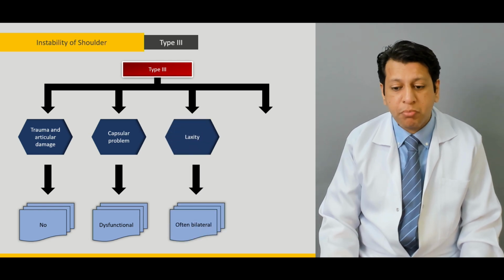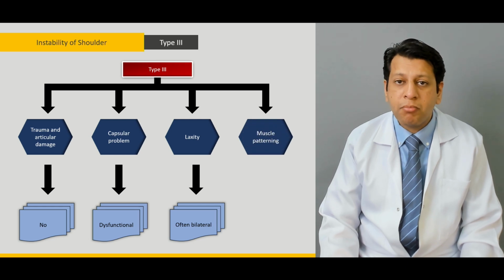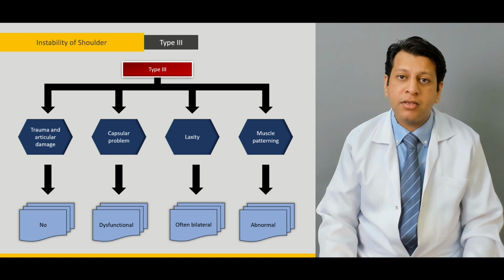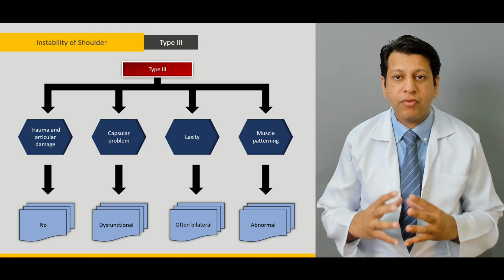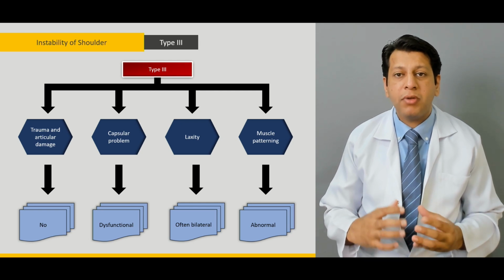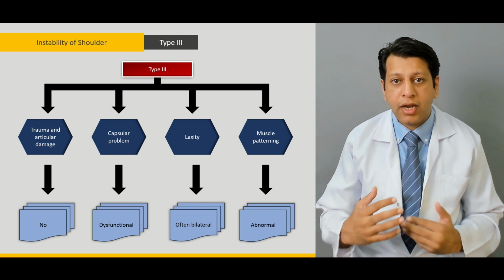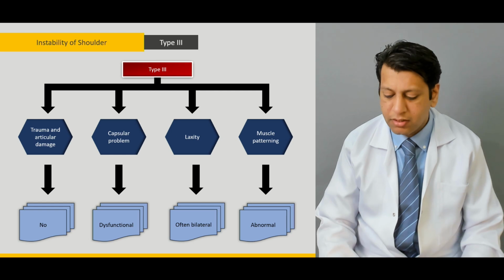Laxity is mostly bilateral. The muscle patterning is also abnormal, maybe associated with dyskinetic function of the muscles, so they may not be acting in unison. The rotator cuff has 4 muscles, and they have to act in unison to create that sling effect, which may not be happening.